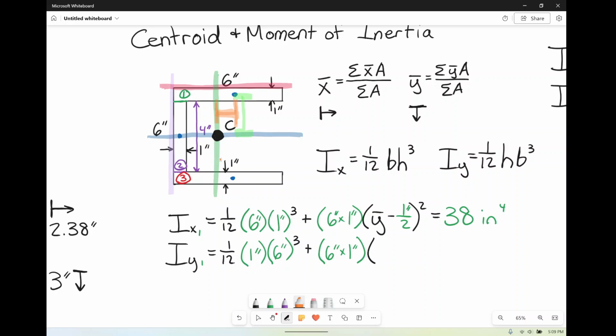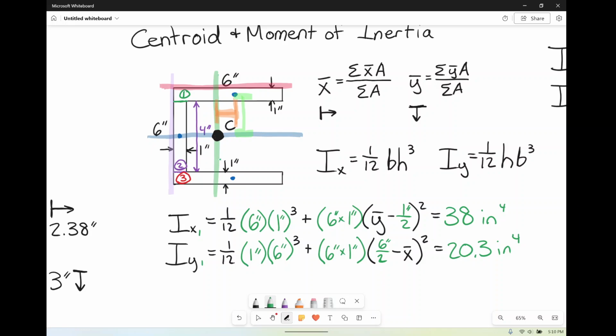That distance is the total 6 divided by 2, to the center of the blue dot of that rectangle, minus x bar. Good thing we found x bar. That value squared, and we get 20.3 inches to the 4th.